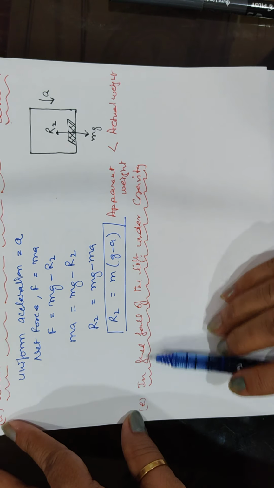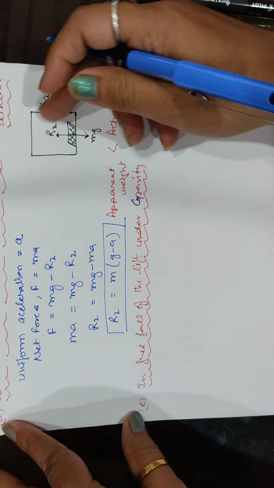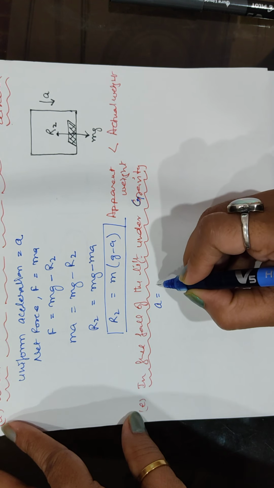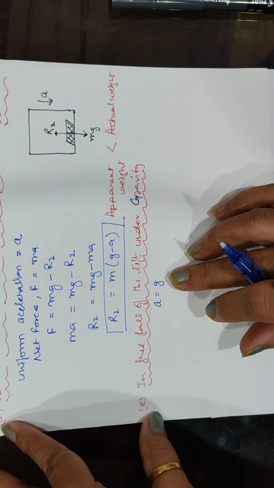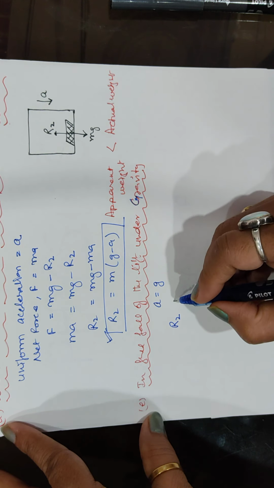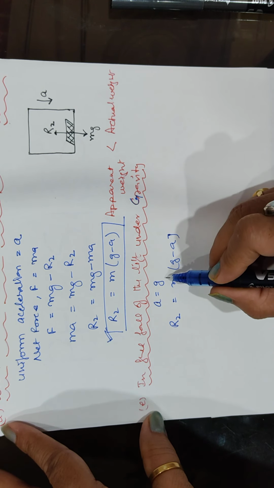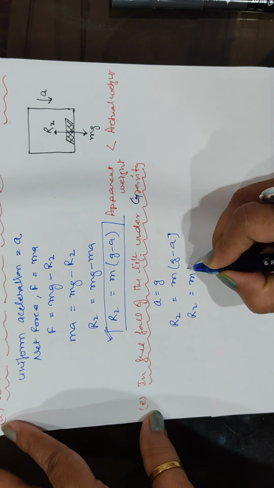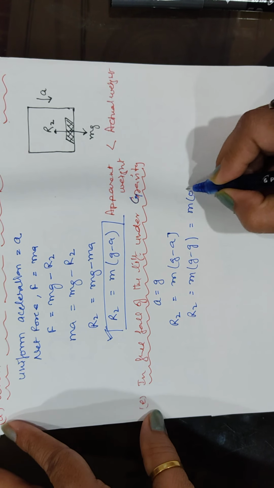So next is free fall of the weight under gravity, means अगर आपकी बॉडी एकदम जो लिफ्ट है एकदम completely free fall कर रही है, so at that time free fall में तो acceleration, because it is free fall, तो acceleration will be equal to the acceleration due to gravity, g के equal हो जाएगा. Now with the relation, because it is moving in the downward direction, we are using this relation, R2 is equal to m(g minus a), and a is equal to g when it falls under gravity, so you can write R2 is equal to m(g minus g), which implies that m times 0, which is equal to 0.